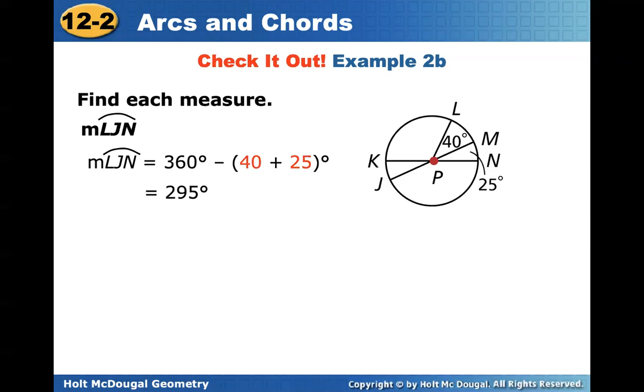So 360 minus 65 is 295 degrees. You could name this LJN, you could name it LKN. It doesn't really matter. That middle one is just whatever one you want to pick there. It's everything except for the 65. Any questions on that one?